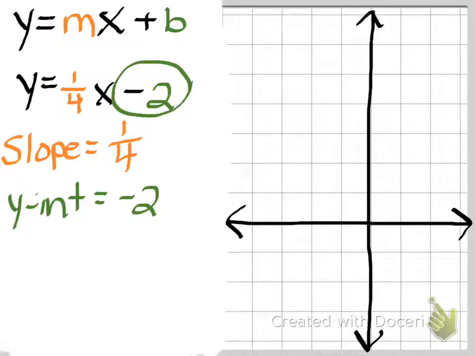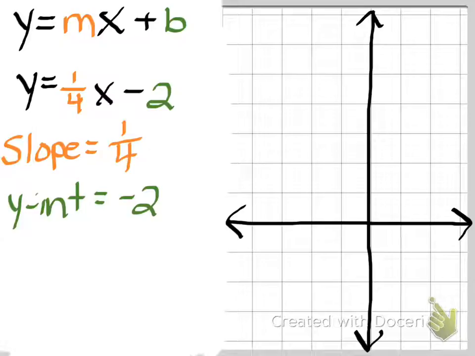Remember, just like when we did combining like terms, a subtraction sign is the negative sign for the term behind it, and an addition sign would be the positive symbol for the number after it. The same still applies here. So y equals 1/4 x minus 2, we're going to look at that as a -2.